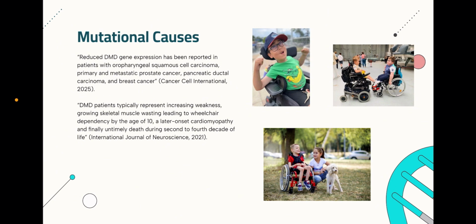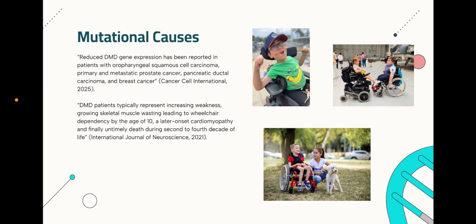In another article in 2025, it says that reduced DMD gene expression has also been reported in patients with oropharyngeal squamous cell carcinoma, primary and metastatic prostate cancer, pancreatic ductal carcinoma, and breast cancer.